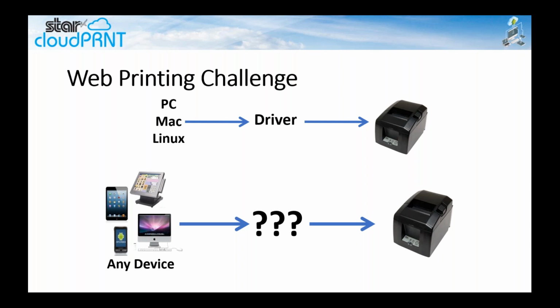They like to run their web-based applications on nice big Mac or PC screens so you can see your calendar and all of that. But typically that's done with the driver, and the driver and that operating system's inbuilt printing system that has print management and all of that, that's all handling the communication with the printer. So that's very easy to develop. That's how things are typically done today.